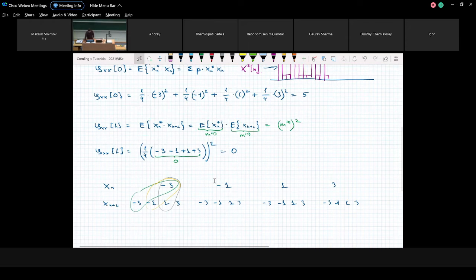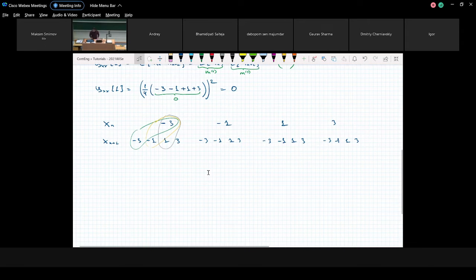So let's go further. Now we need to plot this autocorrelation function as a function of index. Actually, it's 0 everywhere except we have this pulse with amplitude 5, and all others have 0.